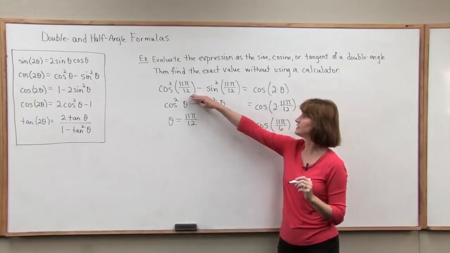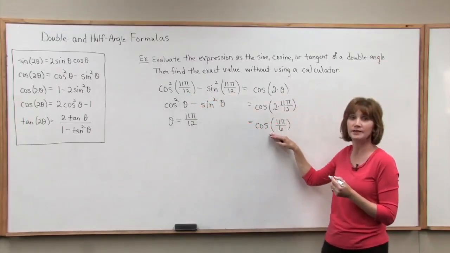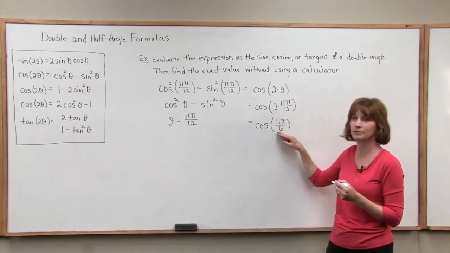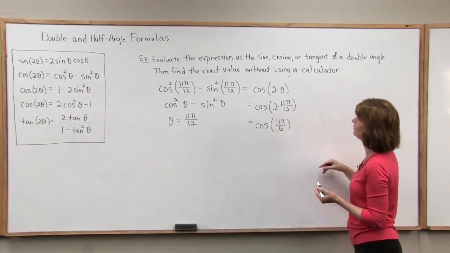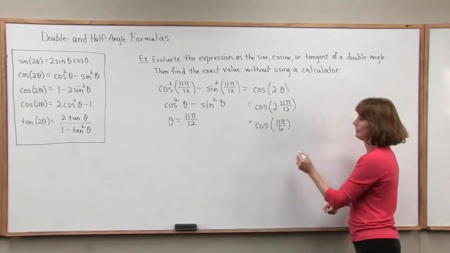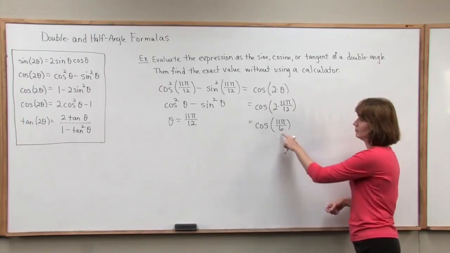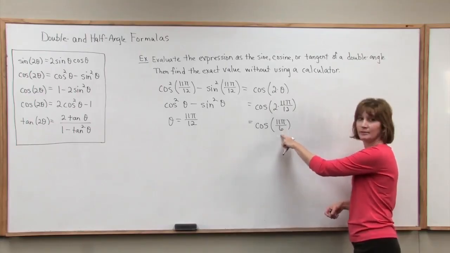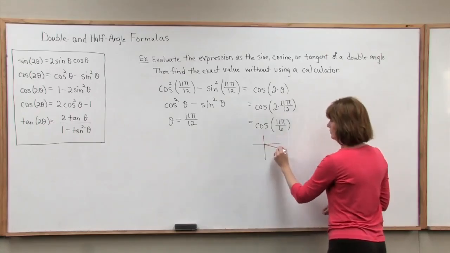So we've taken this expression, with values we couldn't find without a calculator, to something where we know the exact value. This is one of the special angles that you should be familiar with. So here's the first part. We rewrote it as, in this case, the cosine of a double angle. And then do you remember what the cosine of 11 pi over 6 is? Where does the terminal side of 11 pi over 6 lie? Exactly.